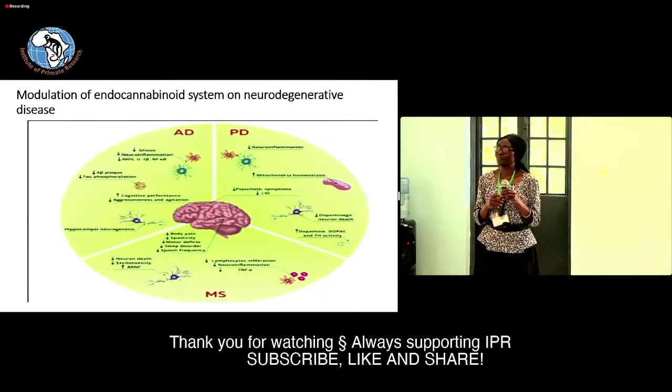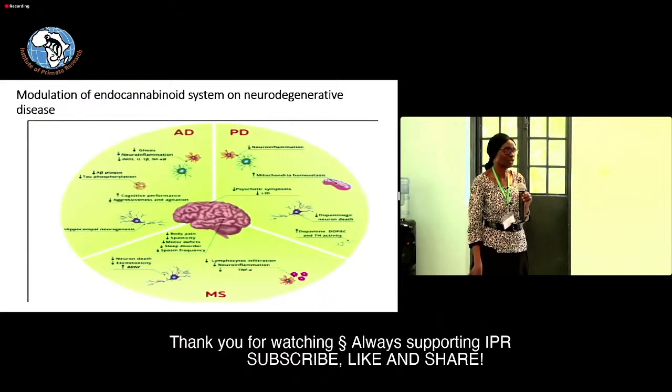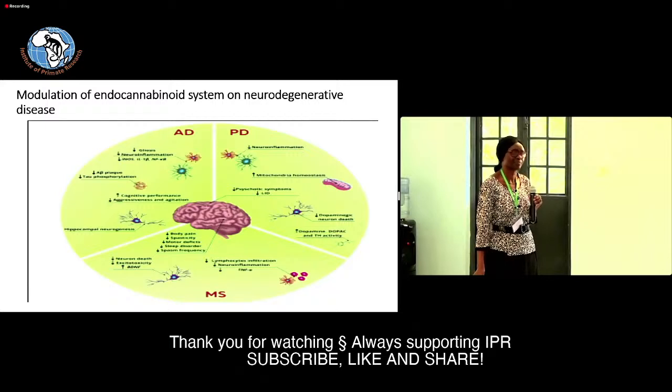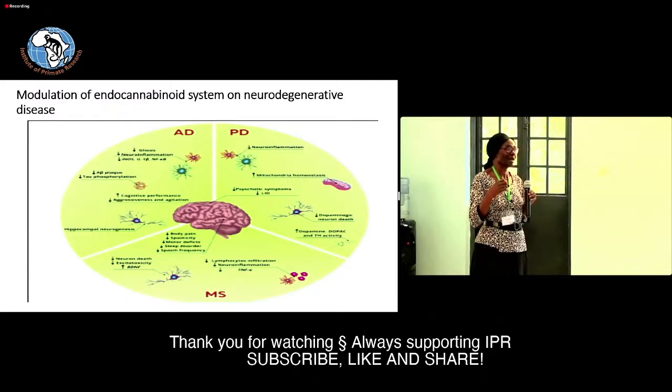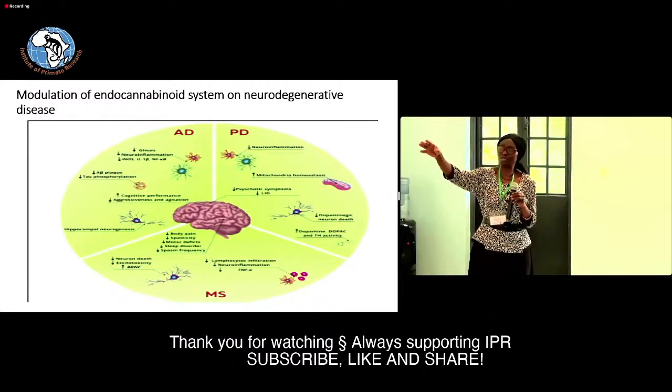So I've just put this picture here to show that the endocannabinoid system in the CNS, the normal one in our brains, has a very close relationship with Parkinson's disease and other neurodegenerative disorders.